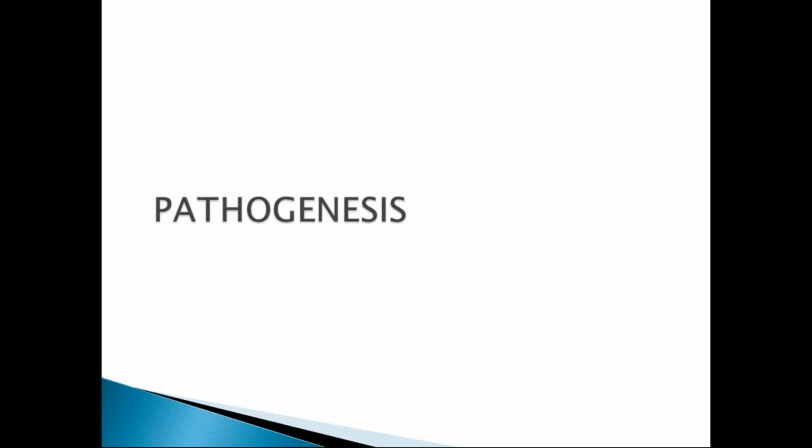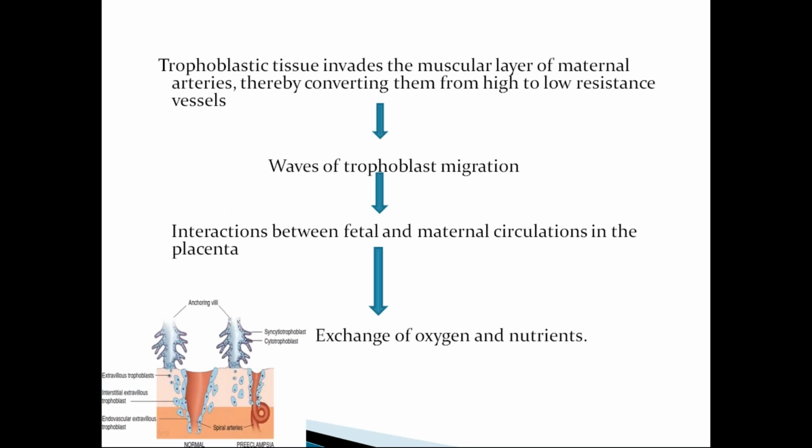The baby gets nutrition through the placenta, by way of the blood supply. There will be villus and placenta, and interaction between them, with exchange of oxygen, and from that the baby gets nutrition. So if there is any pathology in placentation, there will be IUGR.